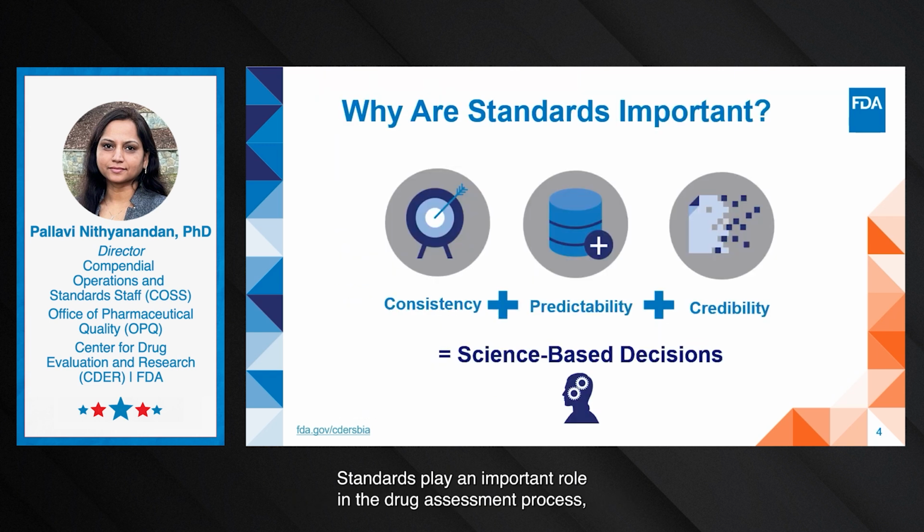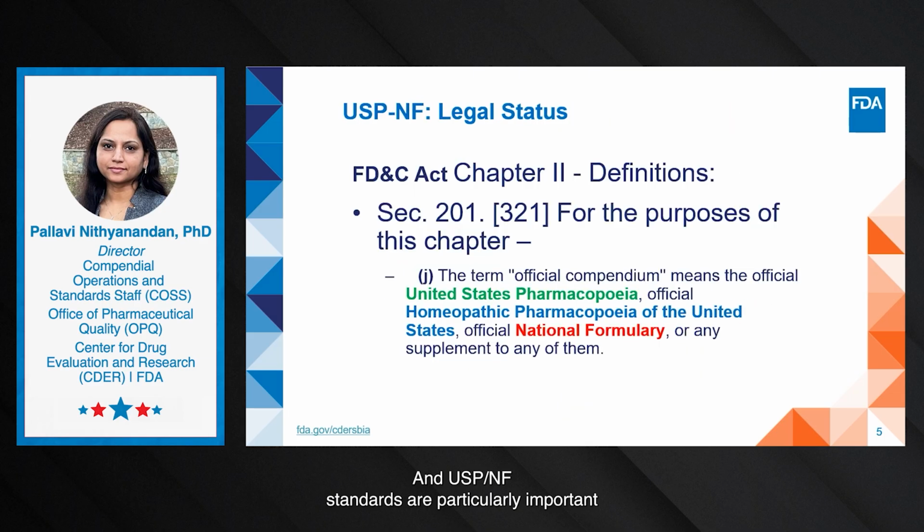Standards play an important role in the drug assessment process, and a well-developed pharmaceutical quality standard helps make better science-based decisions. USP-NF standards are particularly important because of their inclusion in the Federal Food, Drug and Cosmetic Act. Section 201 of the Act defines USP and NF as the official compendium of the United States.